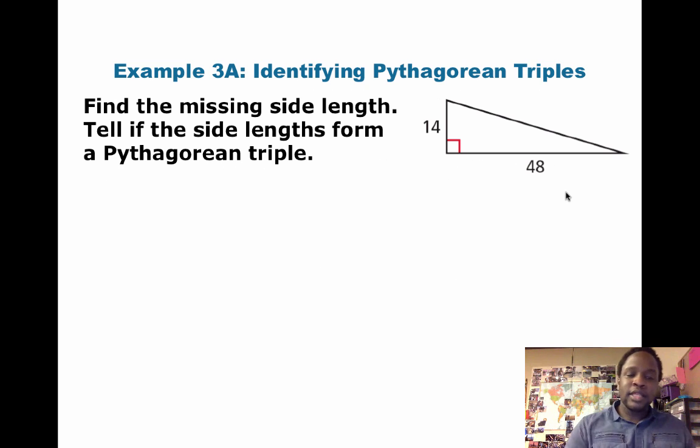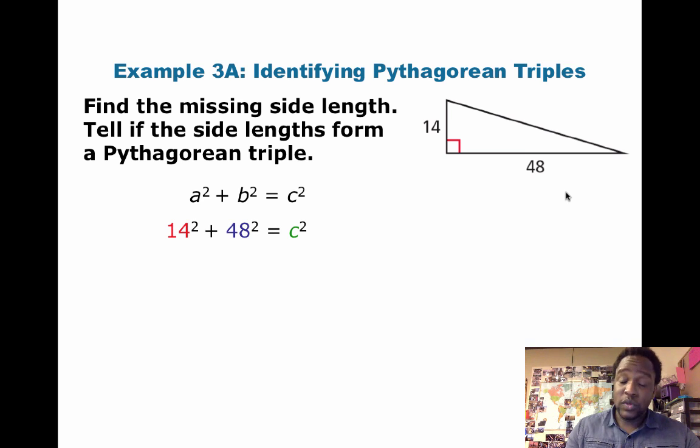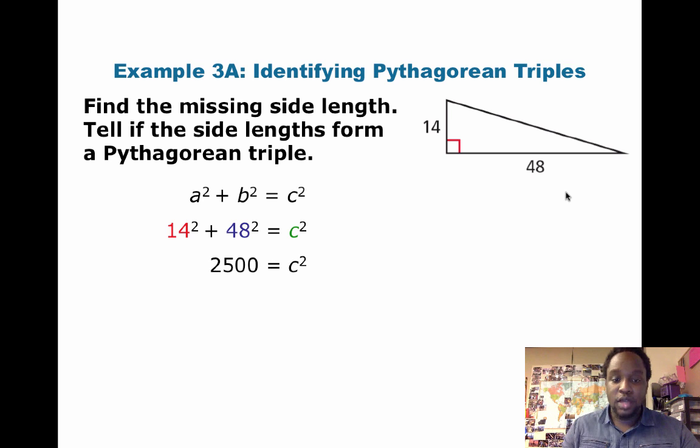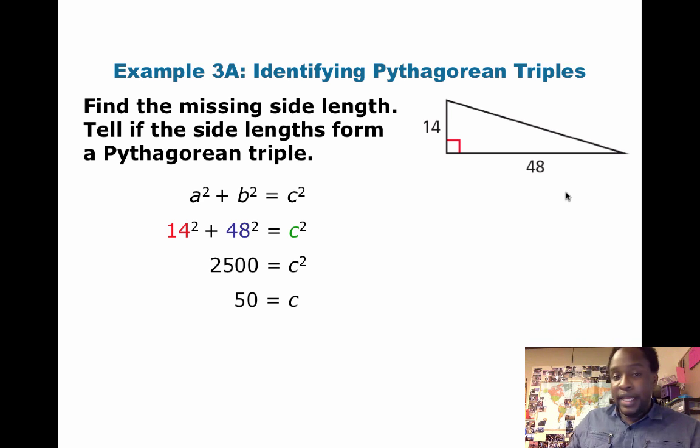So let's look at this. Find the missing side length and tell if the side lengths form a Pythagorean triplet. All right, so we have a squared plus b squared equals c squared. So 14 squared plus 48 squared equals c squared, the hypotenuse. So we get 2,500 equals c squared. We take the square root and we get 50. All right, so we have 3 integers, 14, 48, 50.